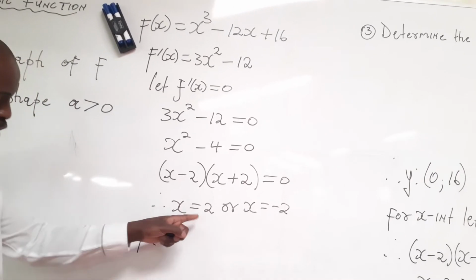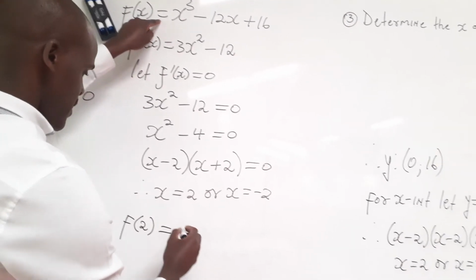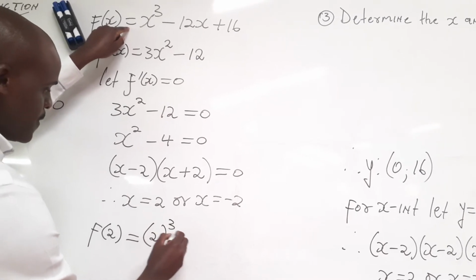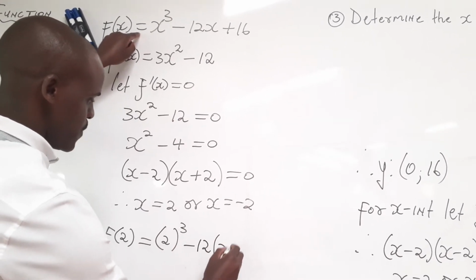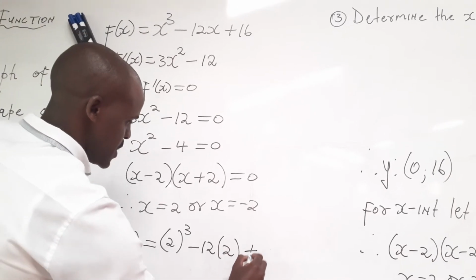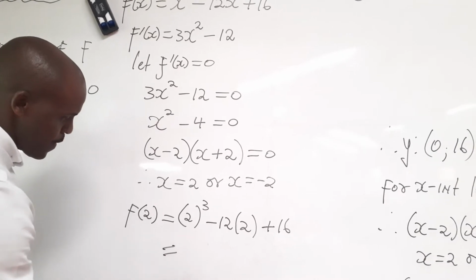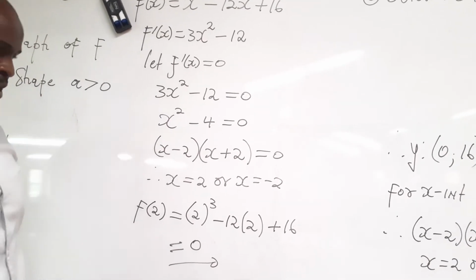It's f at 2. We are substituting there. It's 2 cubed minus 12 times 2 plus 16. And then the answer. So the answer is 0.